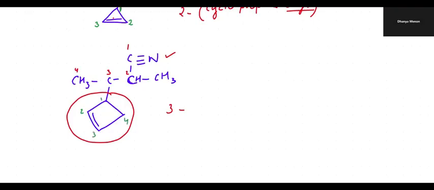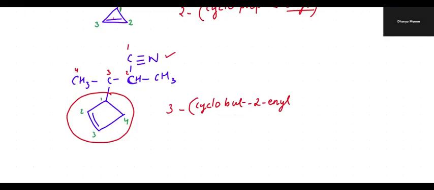At the third position, I have cyclo, and the cyclic substituent has 4 carbon atoms. So but, at the second position there is a double bond, cyclobut-2-enyl, because it's a substituent.